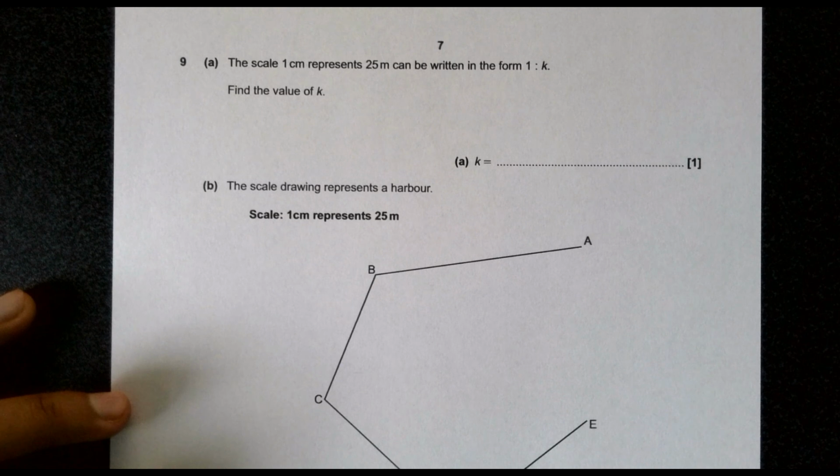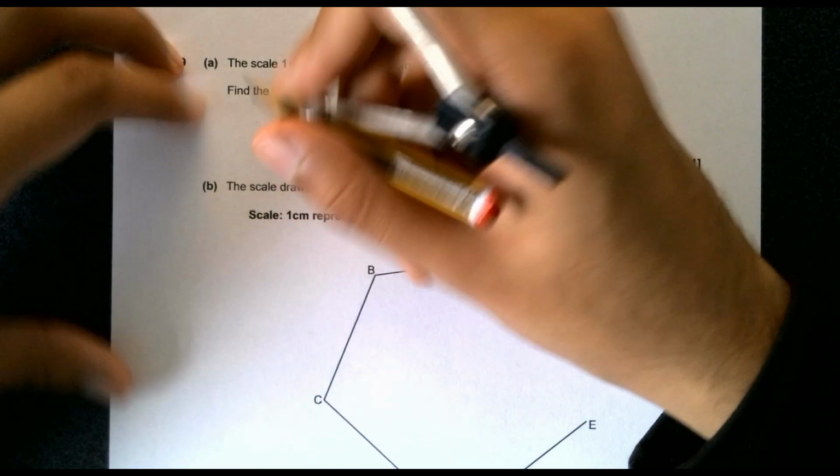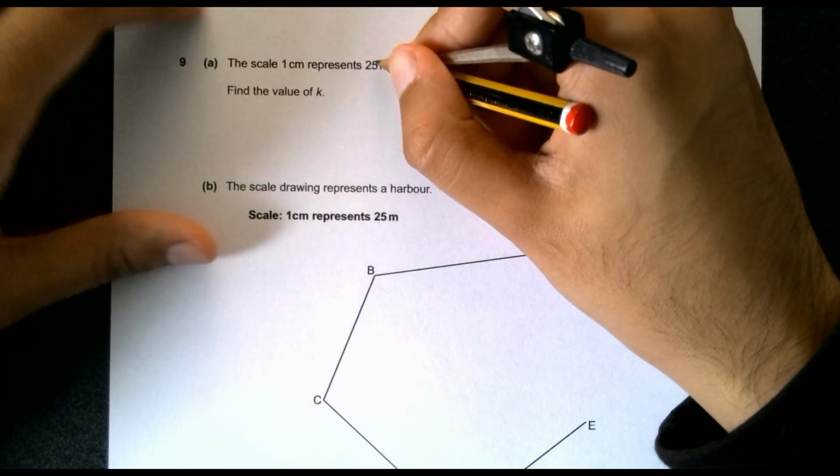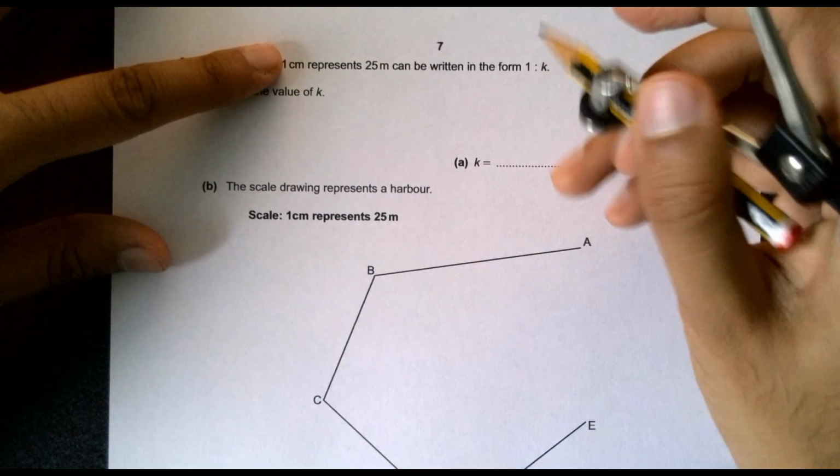Question number 9. For part A, the scale 1 centimeter represents 25 meters can be written in the form 1 to k, and we have to find the value of k. Well, over here, we can convert the 25 meters into centimeters.